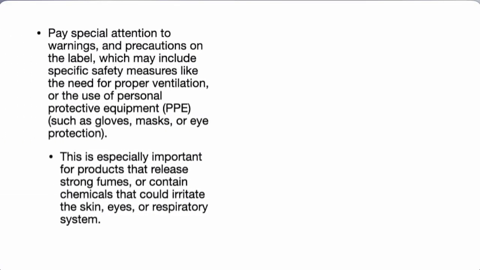Pay special attention to warnings and precautions on the label, which may include specific safety measures like the need for proper ventilation or the use of personal protective equipment, PPE, such as gloves, masks, or eye protection. This is especially important for products that release strong fumes or contain chemicals that could irritate the skin, eyes, or respiratory system.